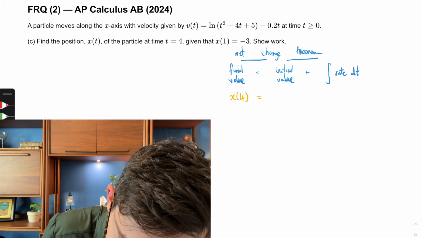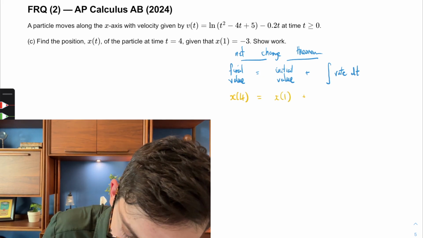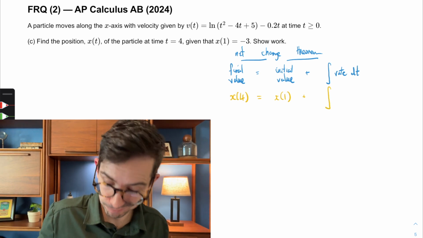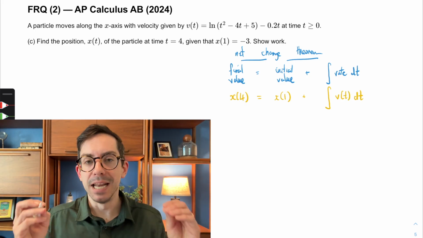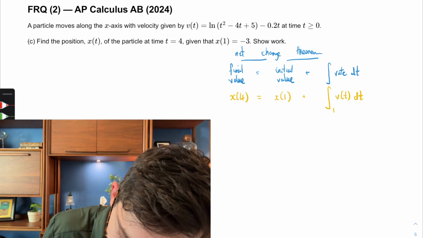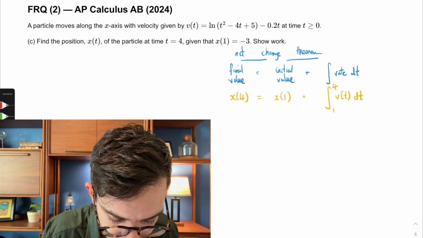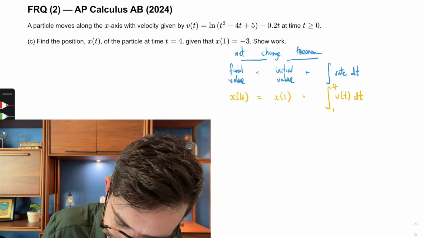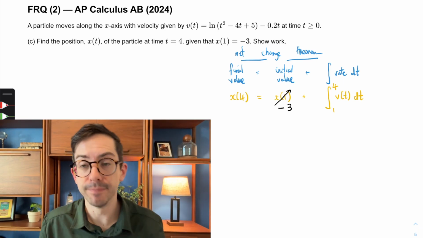That is going to be my initial position, x of 1, plus the integral of the rate of change of position, that's my velocity. I need to integrate over the bounds of my time interval, t equals 1 up to t equals 4. And finally, just remember, x of 1 was given to us in the problem as -3.